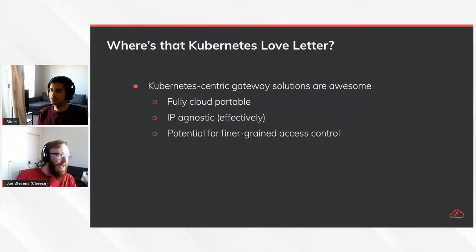There is potential for finer-grained access control. When you're dealing with containers, you have many potential workloads on any given virtual machine. And what that means is you lose the ability to reason about access at the machine level outside of, this cluster should have access to this endpoint.